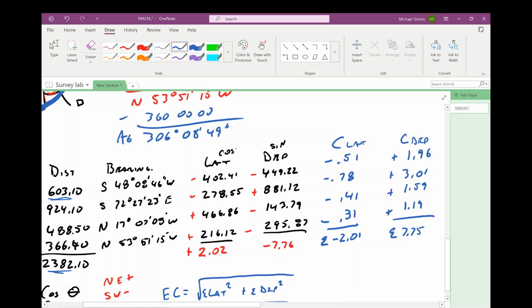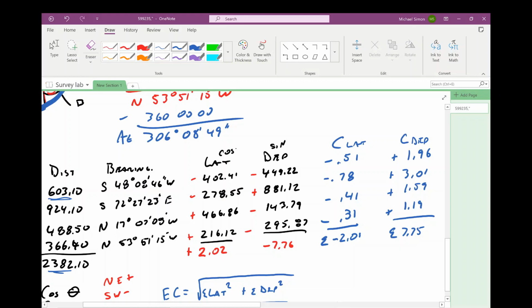Let's see. 603.1 divide 2382.1 times 7.76. 196. Okay. Let's see. 5, 9, and 1. Okay, that's just the numbers the way they are.